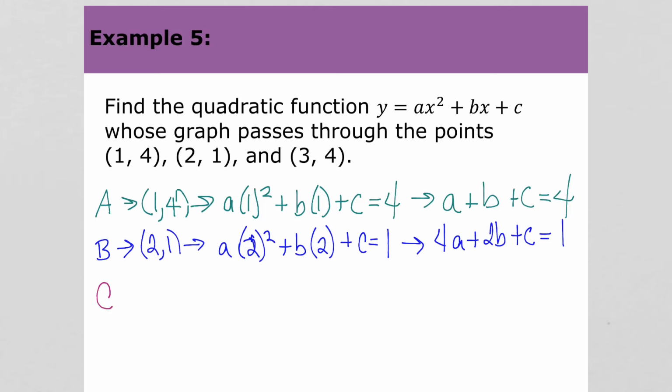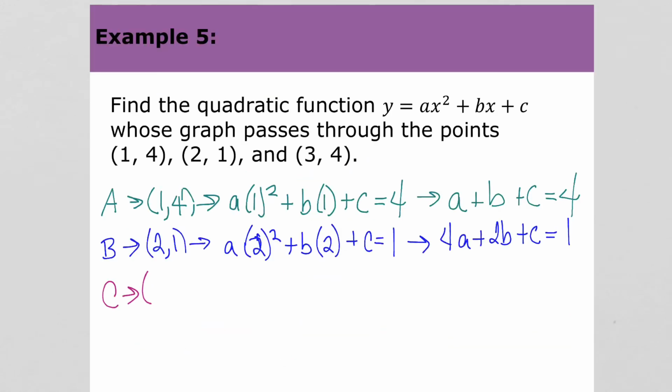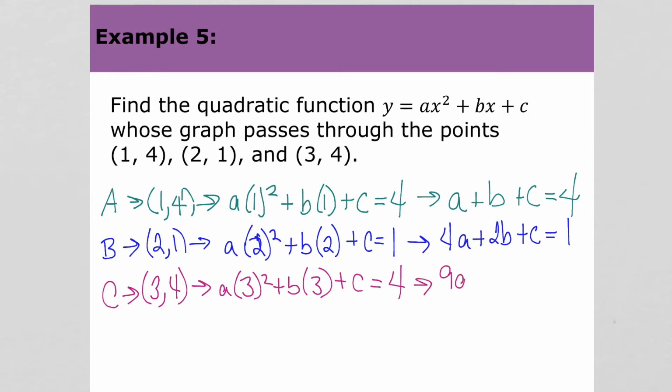And then the last equation, c, is going to use the point 3, 4. So a times 3 squared plus b times 3 plus c equals 4 gives us 9a plus 3b plus c equals 4.